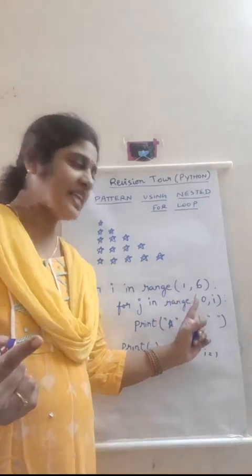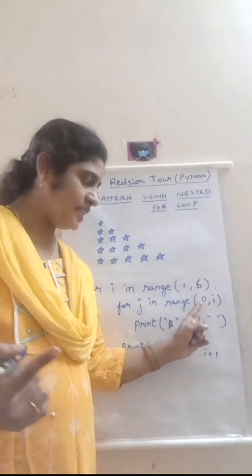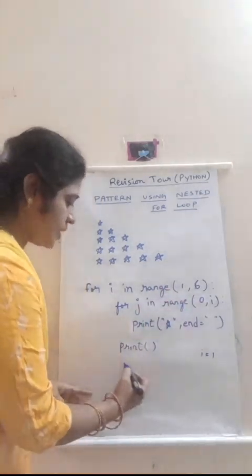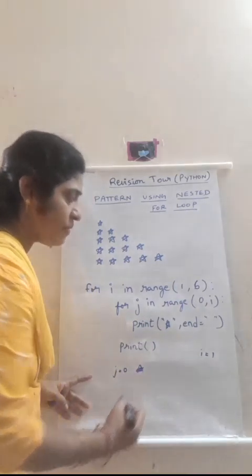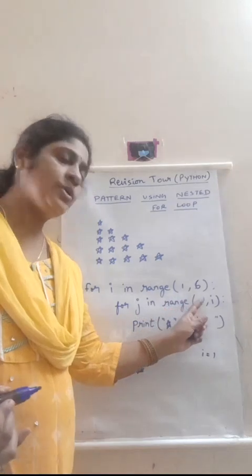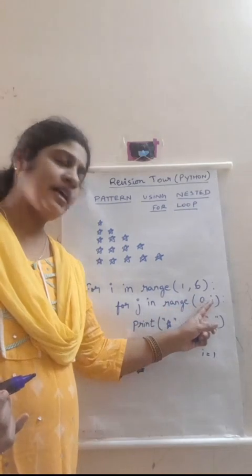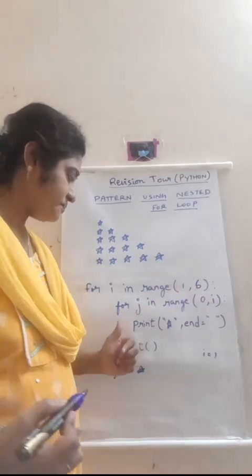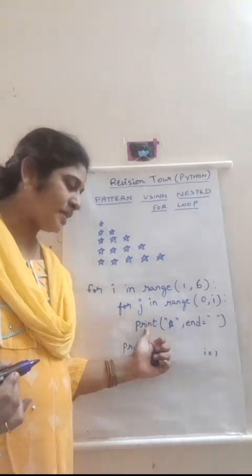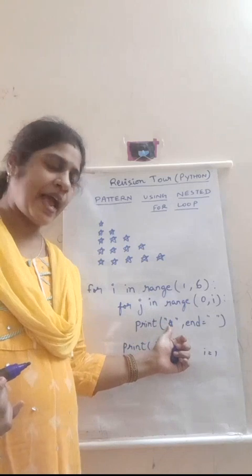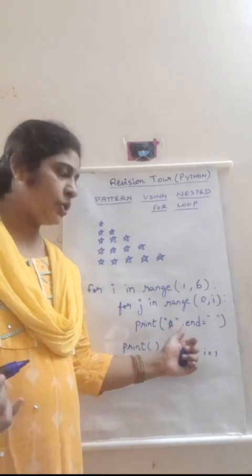That is, when j value is 0, it will display 1 asterisk. When j value is 1, it won't display. Okay.